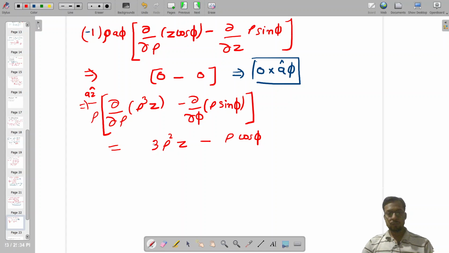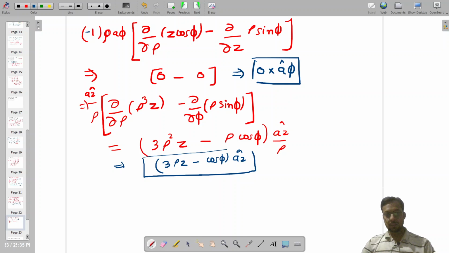So this will give 3 rho z minus cos phi. So this is the third term.